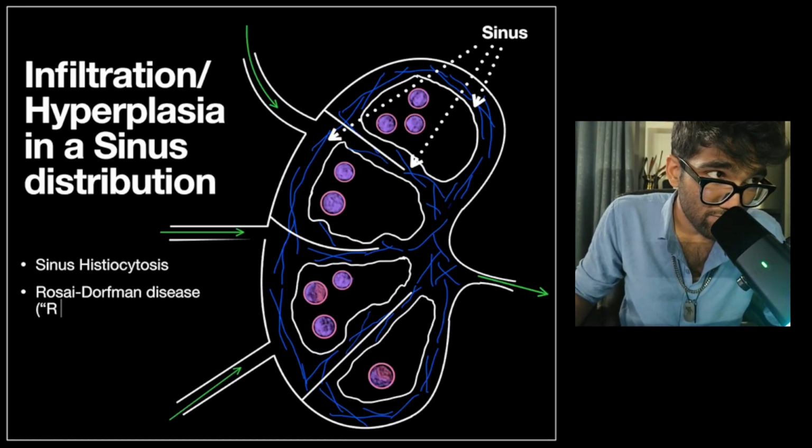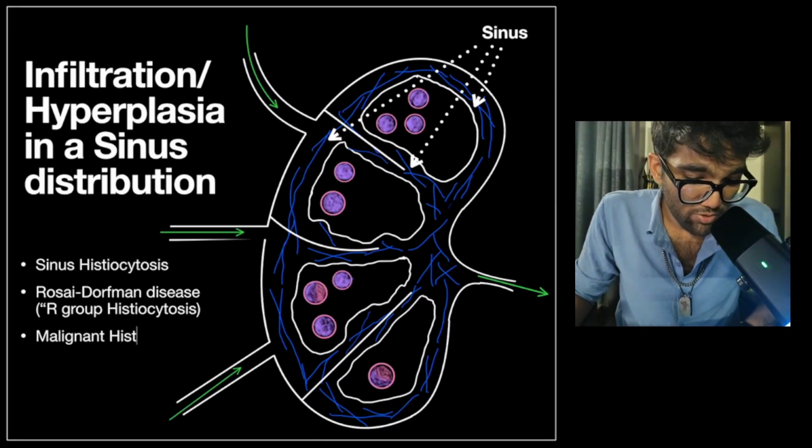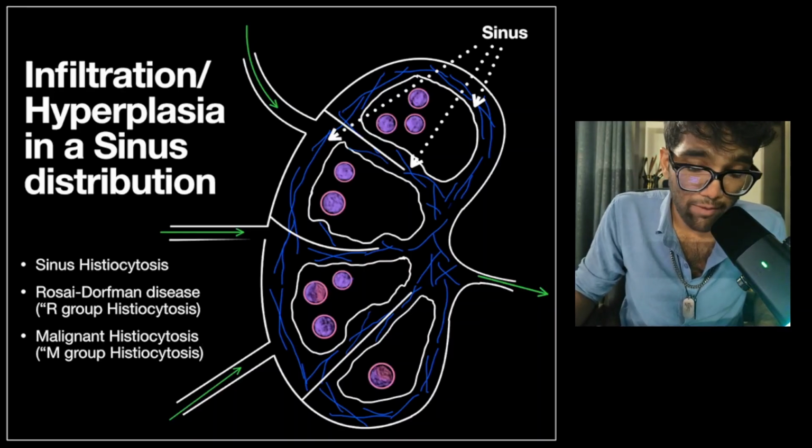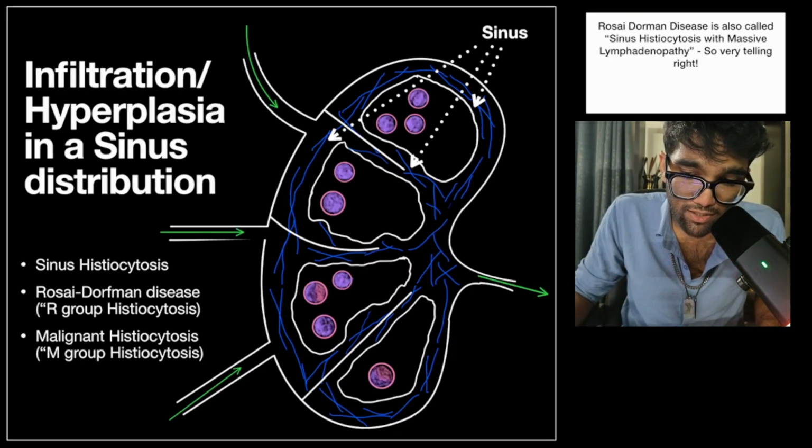It can also be a histiocytosis like Rosai-Dorfman disease, called R group histiocytosis. It could be malignant histiocytosis, also called M group histiocytosis. Rosai-Dorfman disease is actually called sinus histiocytosis with massive lymphadenopathy, so the name is very telling for once.